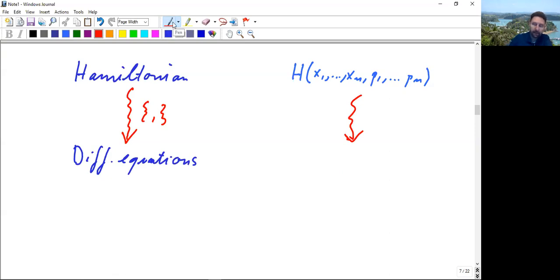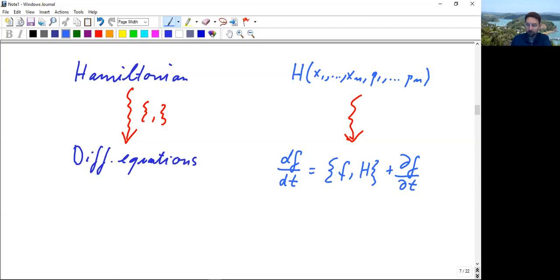Well, if f is any polynomial, then df by dt is equal to the Poisson bracket between that polynomial f and the Hamiltonian, I'm suppressing the dependencies here, plus the partial of f by t. What exactly that means, why there is this extra term, we will cover next time.